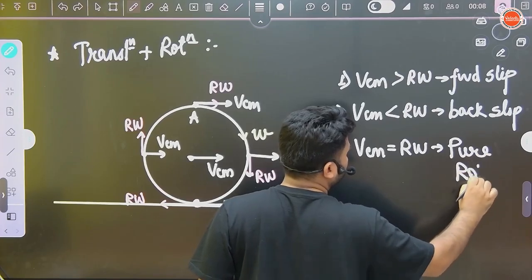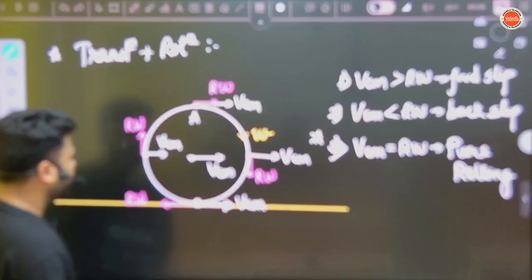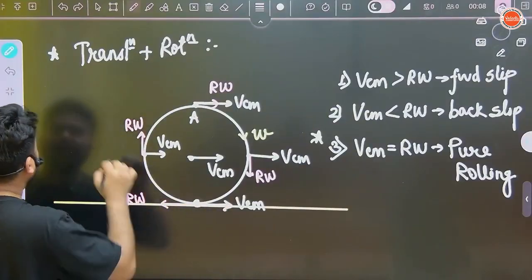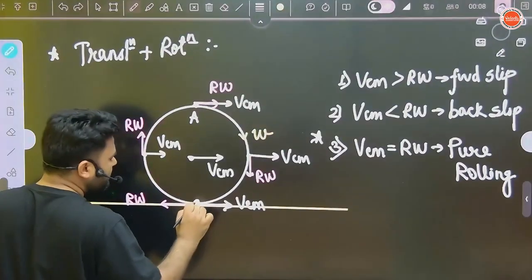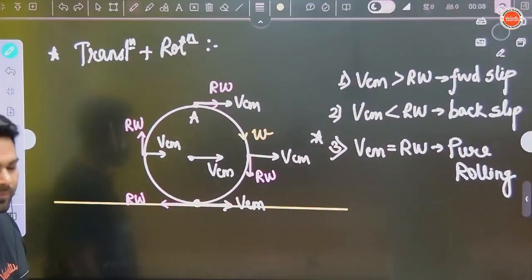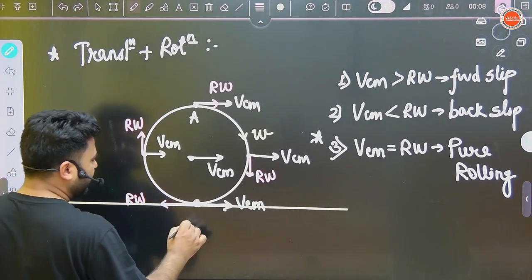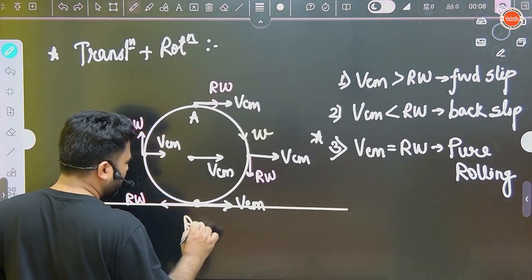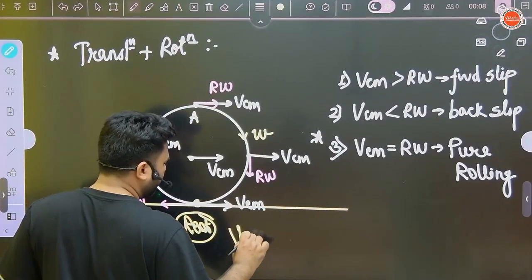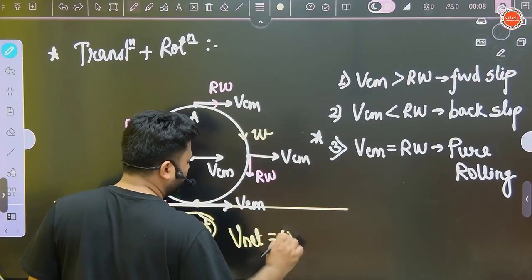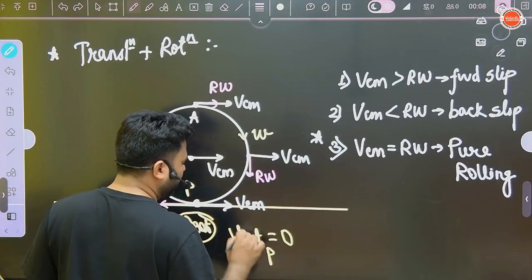Then this point will be at rest. The velocities cancel, so the net velocity of point P will be 0.